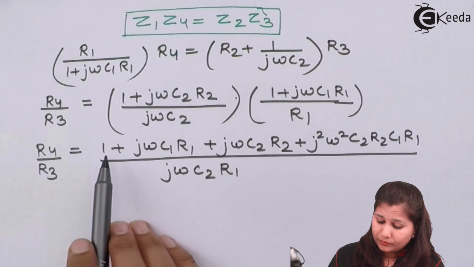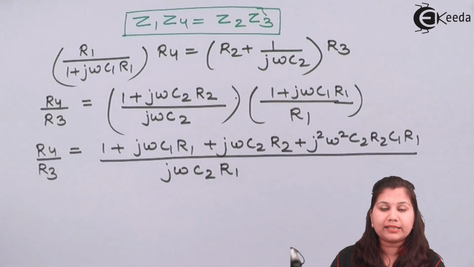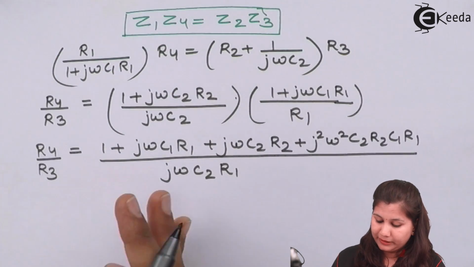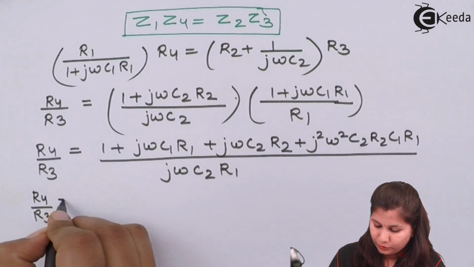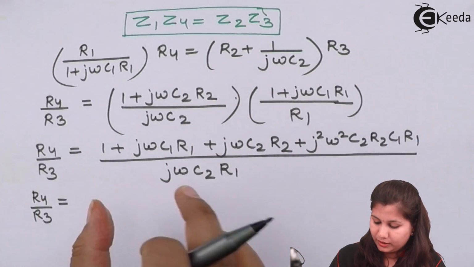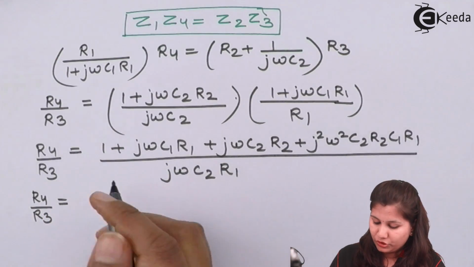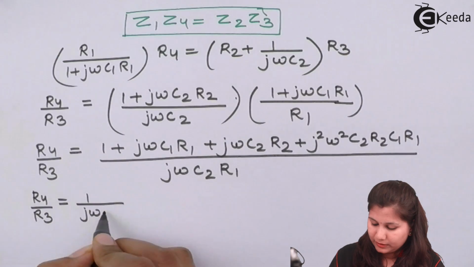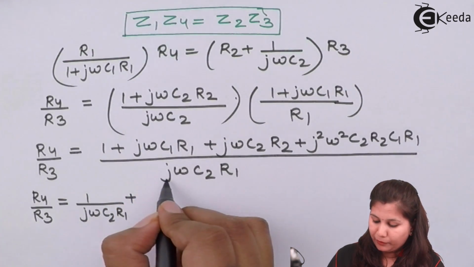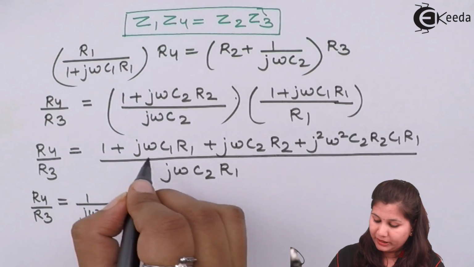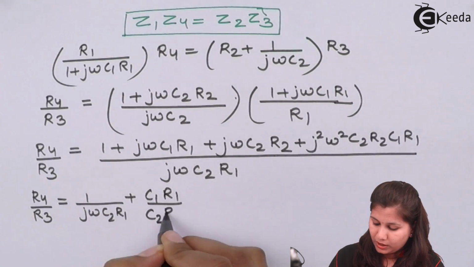Now if we equate the real parts and the imaginary parts, taking each term, R4 upon R3 is equal to 1 upon j omega C2 R1 plus j omega C1 R1 upon j omega C2 R1. So j omega and j omega cancel, and we are left with C1 R1 upon C2 R1.